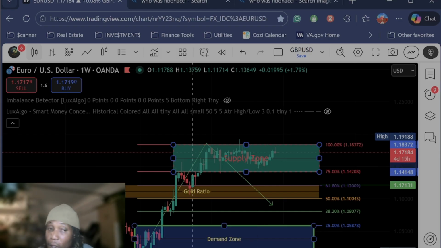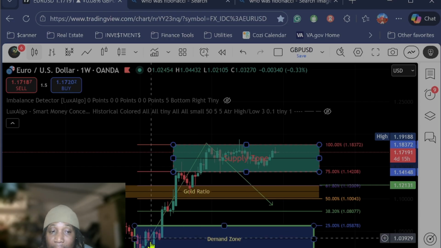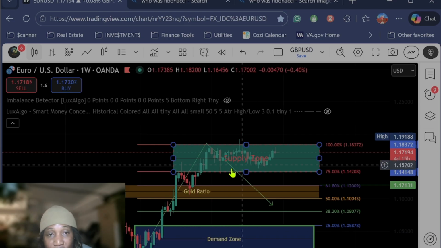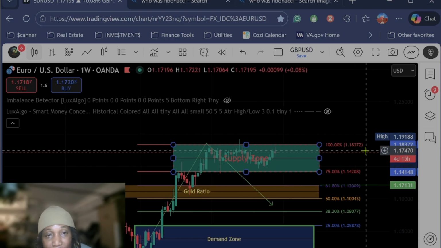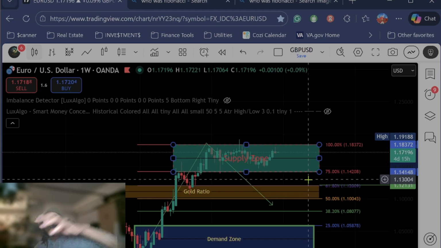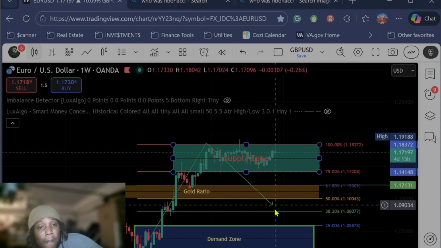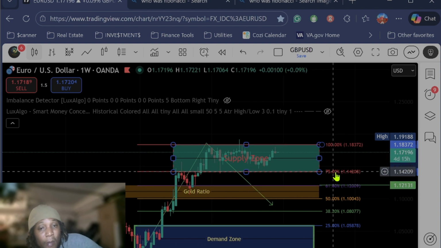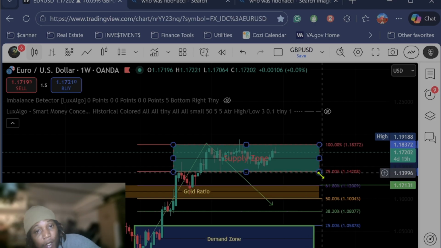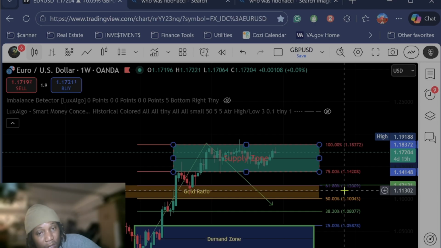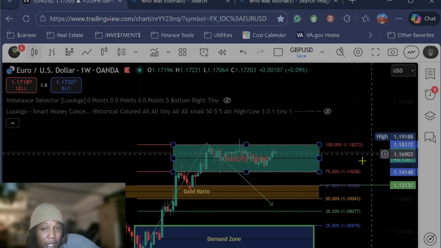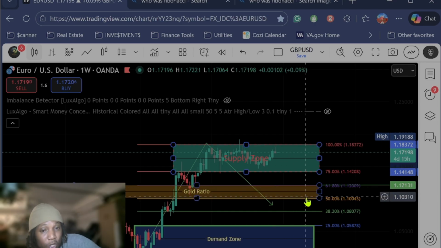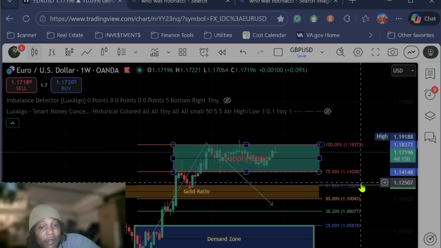And this is on a weekly time frame, so this is definitely a selling zone on a high time frame. These are the possible areas price could retrace to. Price could retrace to the 75% and bounce higher, retrace to the 618 and bounce higher, or retrace to the 50% and bounce higher.